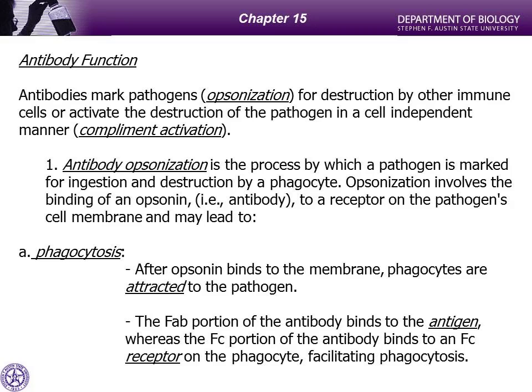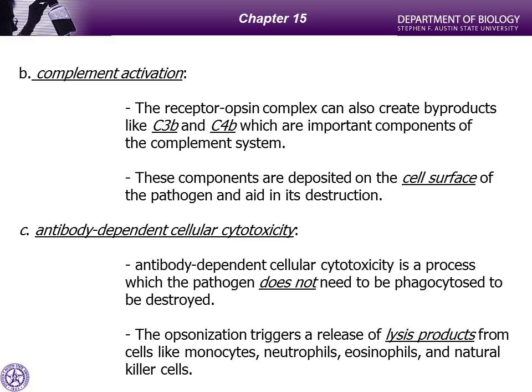But what can also happen when you have all these antibodies decorating the surface is you can link certain proteins together in such a way that you create an activation factor of proteins, and this activates another set of plasma proteins that are in an inactivated state. And these are called your complement proteins. And this complement cascade is going to look like that domino series cascade we saw with clotting. But in this case, we are going to begin to cleave these proteins, activate proteins in a sequence.